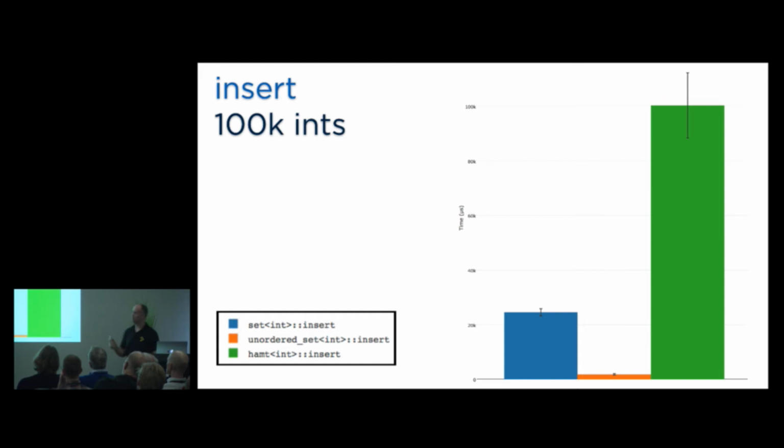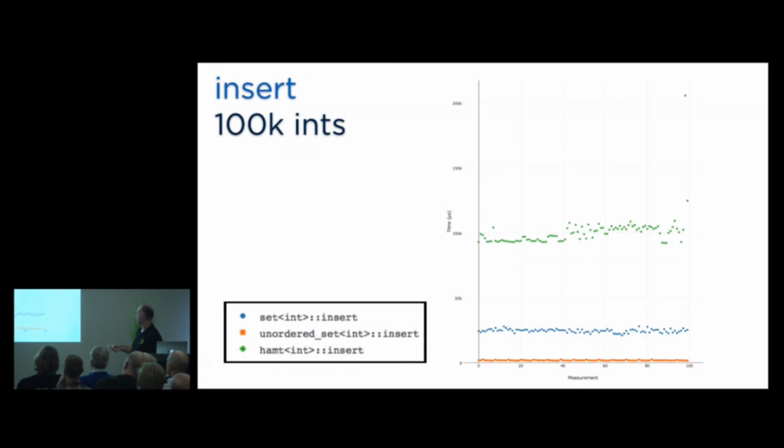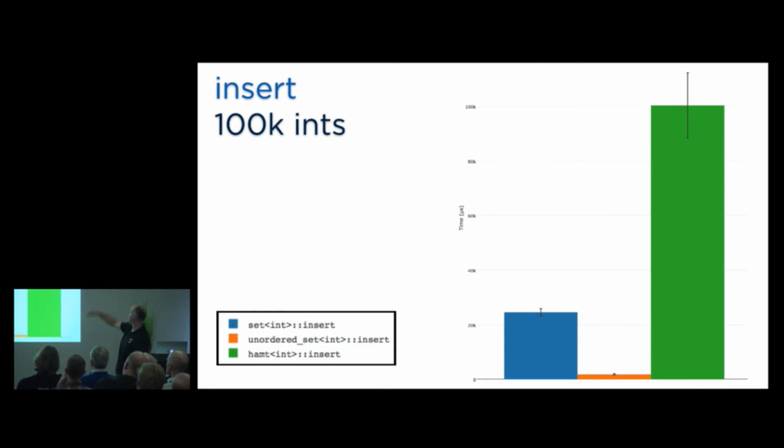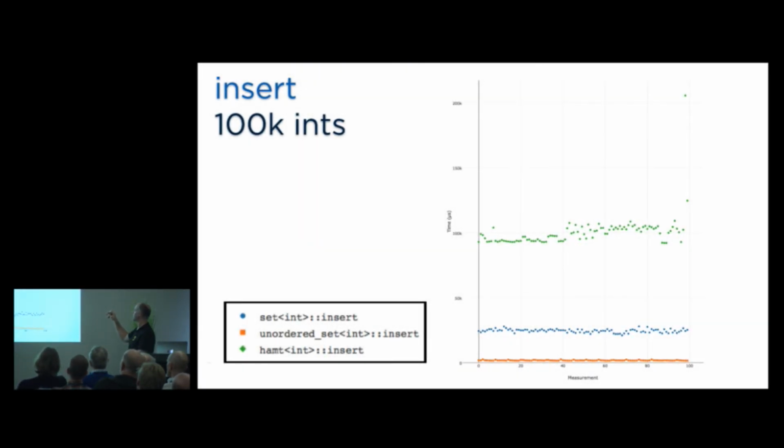Oh, actually, before we do that, another thing to note about these graphs is, if I go back, I don't know if you can see the black lines, which are the variance. There's actually some quite high variance in places. If you look at the scatter plot diagram instead, you can see that the orange and the blue lines are not too bad, but the green one for hash tree gets very jittery towards the end, and then right at the end there's a big spike.